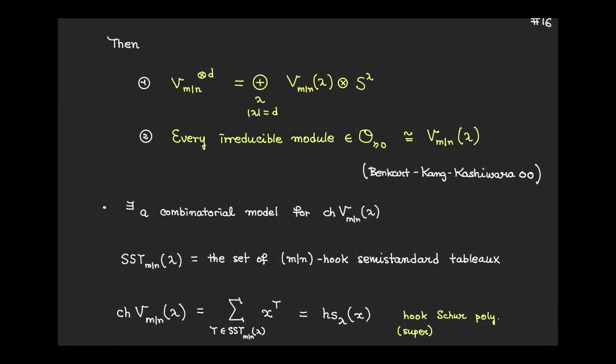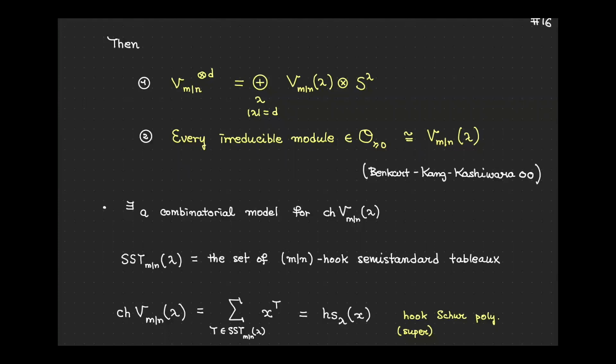And of course, there is a combinatorial model for the character of this simple module. As in the usual general linear case, the character of the finite dimensional irreducible is described in terms of the Young tableau or semistandard tableau. So here in this case, we have the super analog, say (m|n)-hook semistandard tableau.